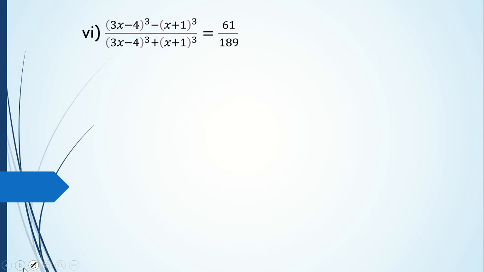This is the last sum from practice set 4.3. Here we have cube. And minus plus, we have minus plus. So first step we will just do invert into and we will try to get plus minus, because in the componendo we have plus minus, right?